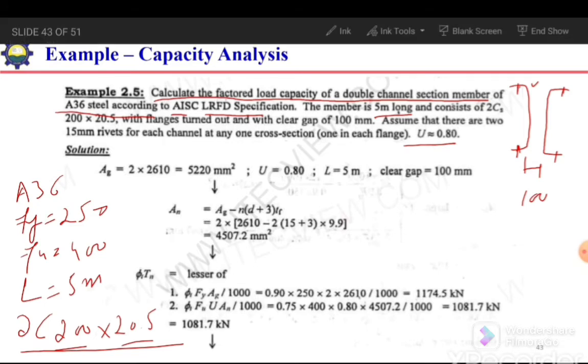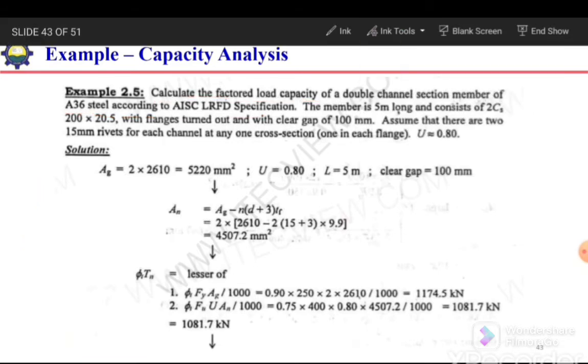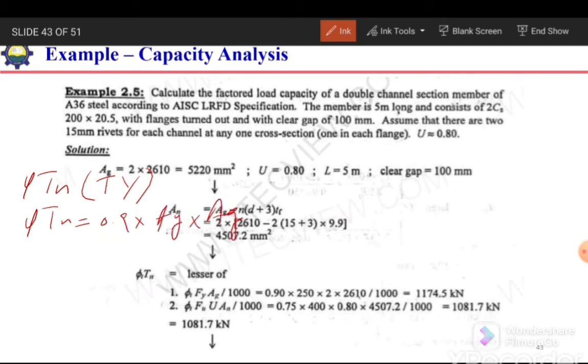Okay. So once we have selected all this information, next comes the capacity analysis. We need to find its capacity corresponding to tension yielding and tension rupture. If we talk about the tension yielding, phi Tn is equal to 0.9 times Fy times Ag.